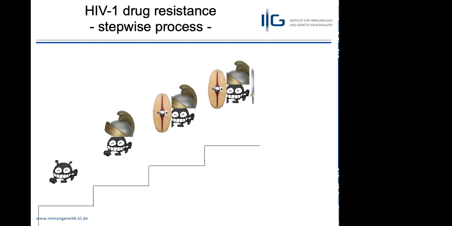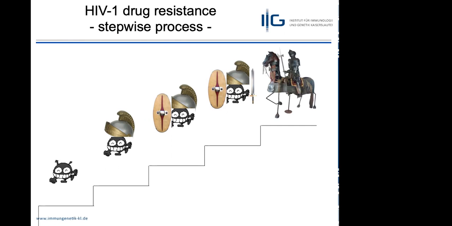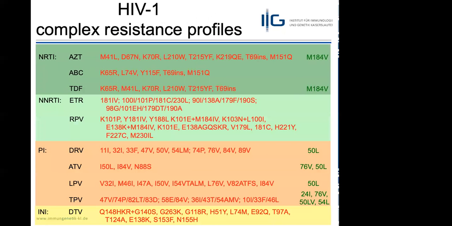So we do have the virus, and the virus is getting more and more arms, and by these weapons, it can defend against the immune system and against the drugs. And these drugs are some of the NRTIs, but especially protease inhibitors and integrase inhibitors, these drugs with complex resistance profiles.